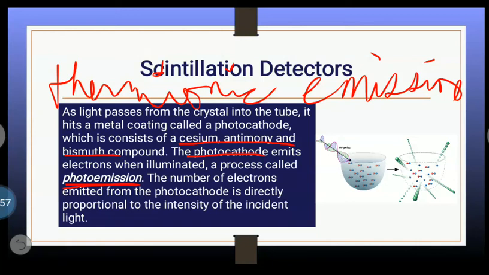These are the components of the photocathode. So from the scintillator, light is emitted. This light will be focused to one portion of the photomultiplier tube called the window. From the window, the light will pass and hit a metal coating called a photocathode, where the light will be converted into electrons.